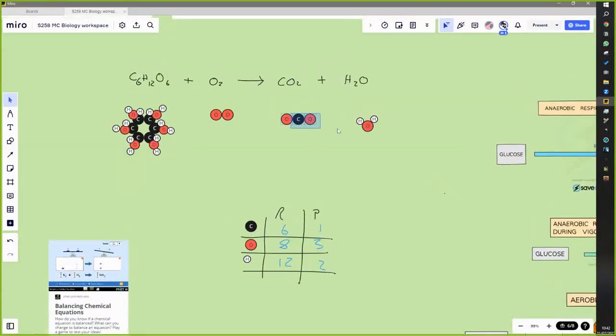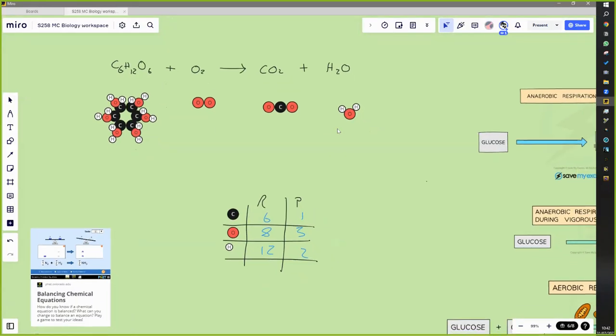One thing we can say for certain is that this number here will be 6 times this number, because all of the carbon atoms in the reactants are within this molecule, and all of the carbon atoms within the products are within this molecule. So it could be 1 to 6, or it could be 2 to 12. But let's start off with 1 to 6.